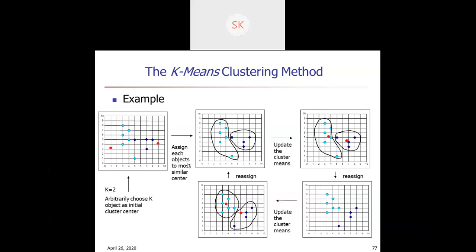Next step, assign each object to the most similar center. As shown in dark blue, 4 points fall nearer to each other here, and these 6 points will form one cluster. They are nearer with respect to the decided seed point.